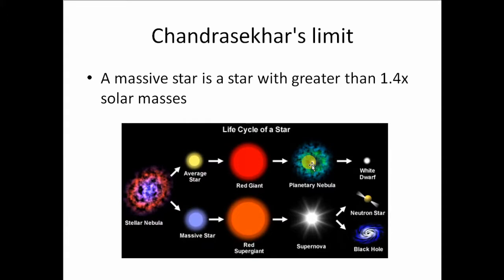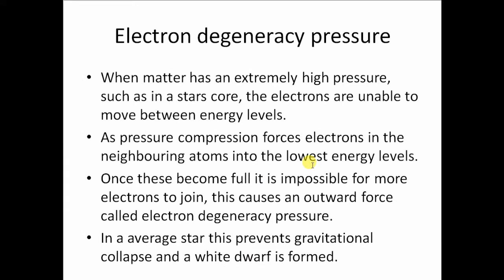So next we have electron degeneracy pressure. Basically, in a sun's core, there is a lot of pressure, and this forces the atoms very close together, and this stops the electrons from moving between energy levels. They're all stuck near the minimum. So this pressure forces them to the minimum energy levels.